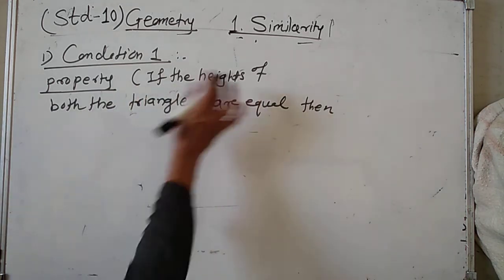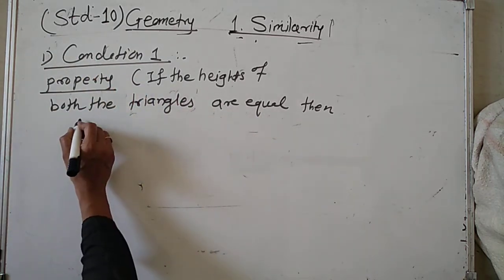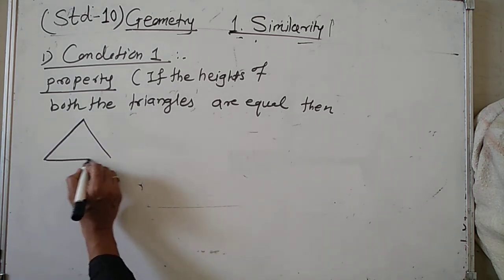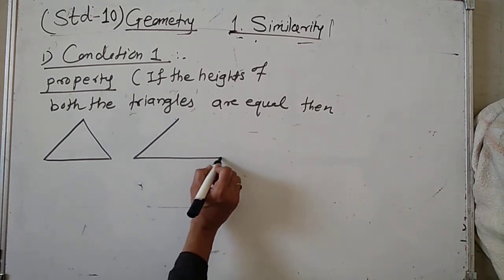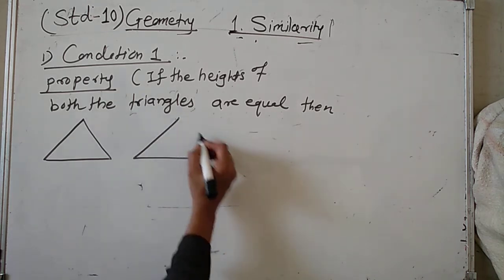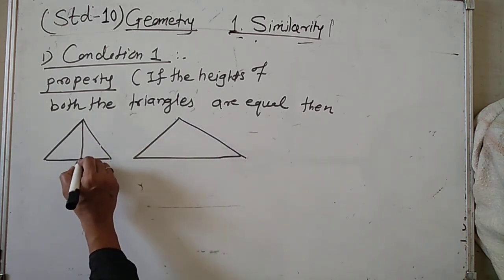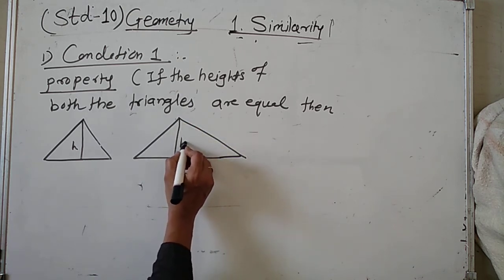see, if the heights of both the triangles are equal, take the heights of these triangles equal. Suppose this one is h, and the second triangle also has h, the same height.